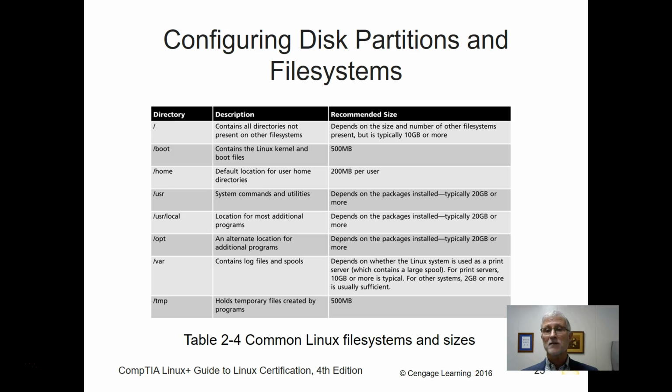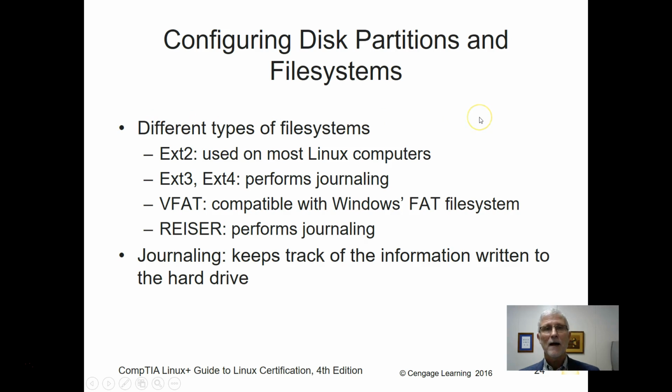This could be where your print server spool is. And then your /tmp holds temporary programs. Those are temp files created by programs that are stored in that location. So these are some of the generic directories that are created.